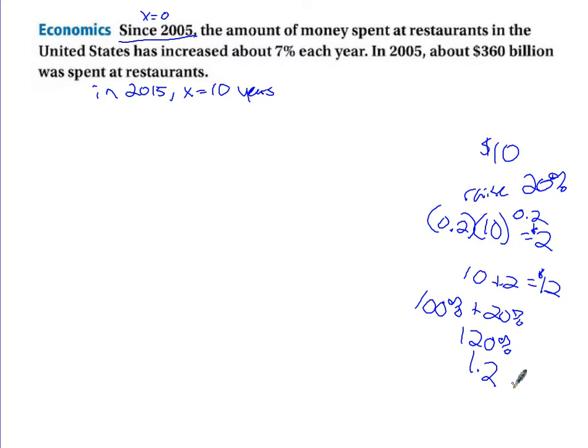Okay? Now let's take this, which was meant to be an easier problem, and apply it to what we have here. The amount of money spent at restaurants in the United States has increased about 7% each year. So what percent are we actually talking about here?